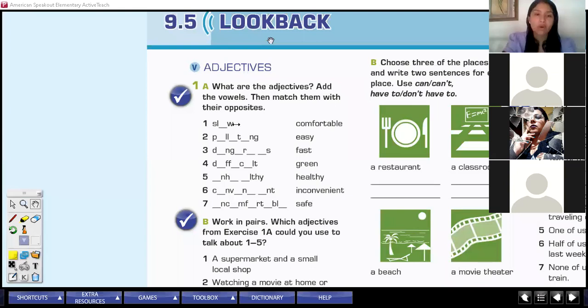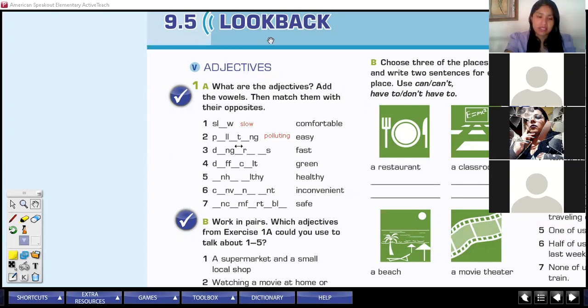Slow. Slow, very good. Okay, what is the second adjective hidden here? It's related with contamination. Polluting. I don't know how to say it. Polluting. Ah, okay. What is the number 3?